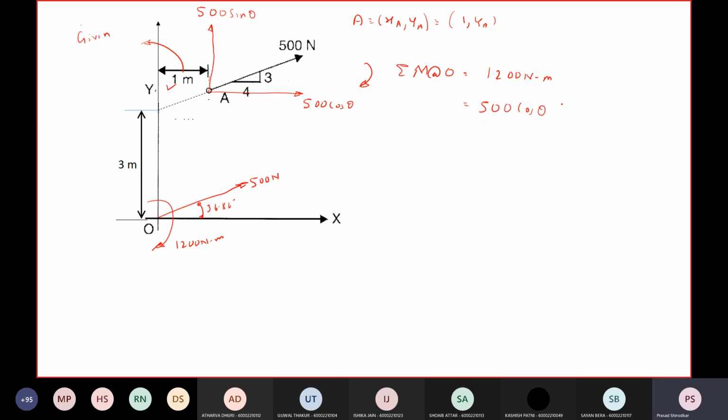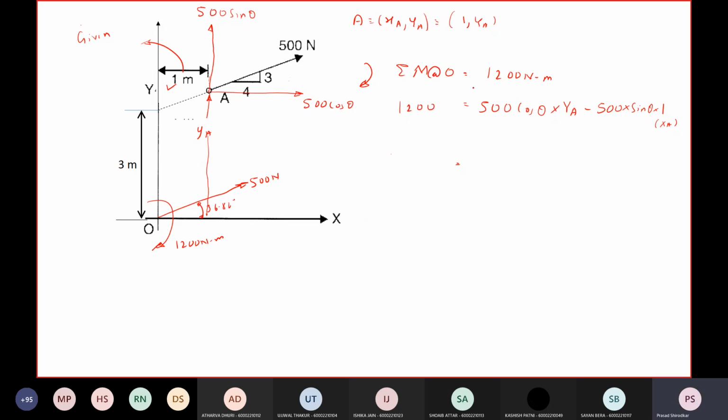So this is 500 cos theta into YA minus, that is this distance, this is YA, into 500 minus 500 sin theta into XA, that is 1, nothing but XA, and this is equal to 1200.